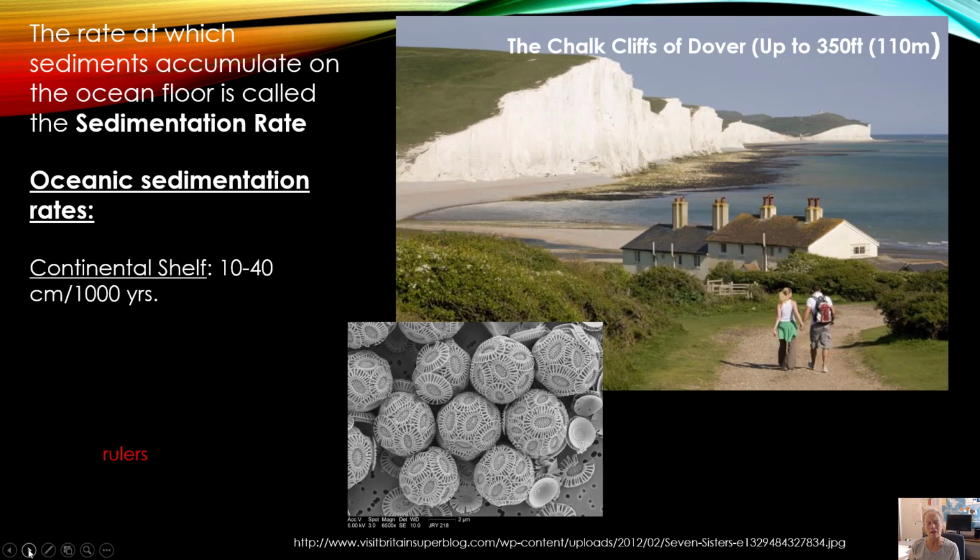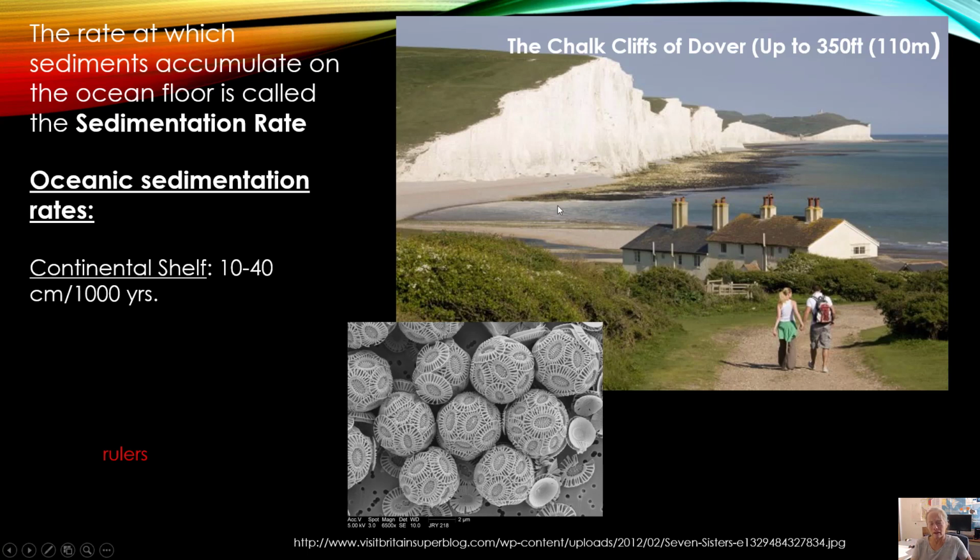We'll talk about that in a second. But think about that, 5 micrometers big. It only accumulates 10 to 40 centimeters every 1,000 years. And there's 350 feet of it there. That's an amazing amount of time. And of course, there's probably more where we can't see it beneath the beach.